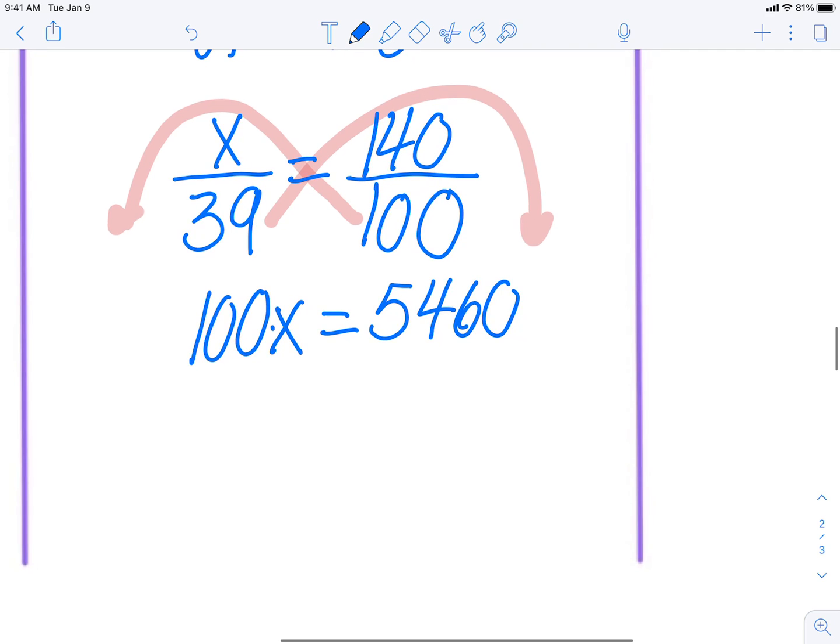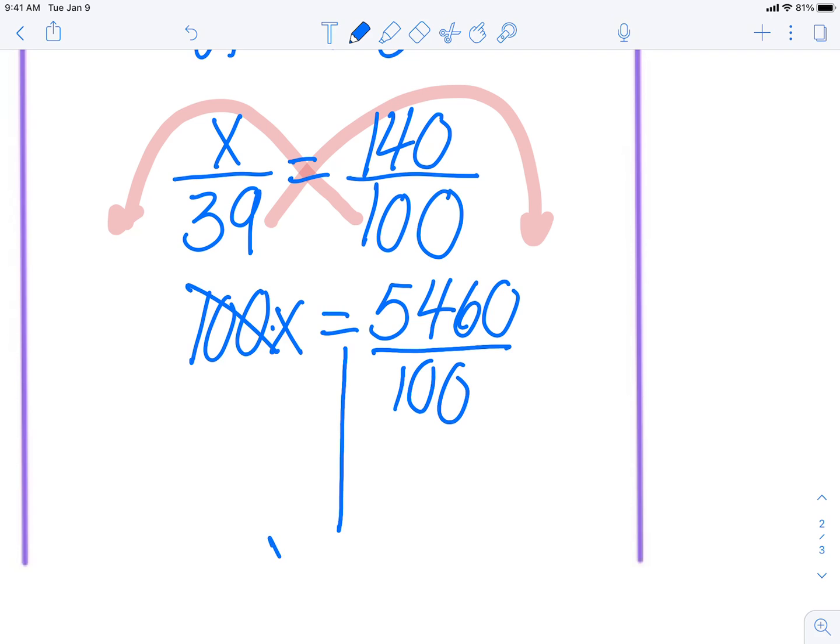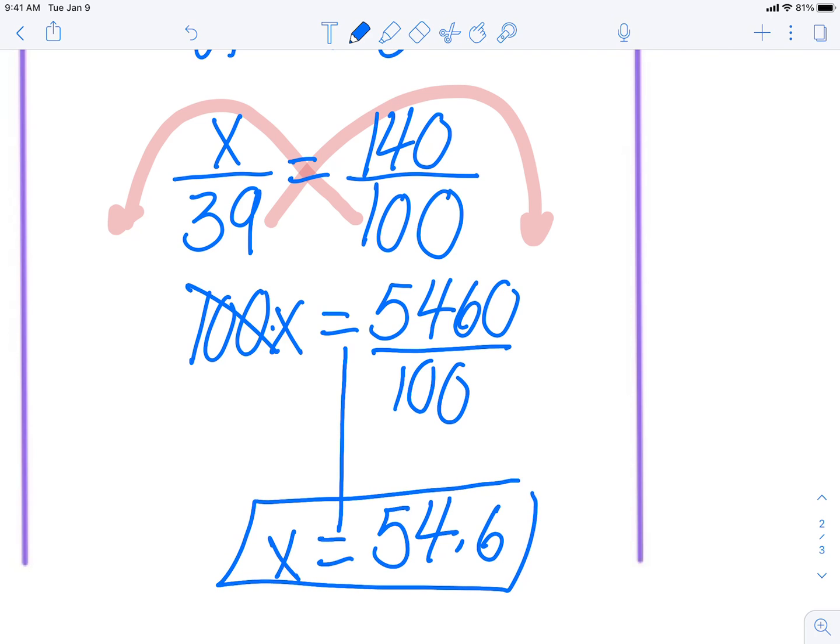And now to solve, I draw my line of separation. The opposite of multiplying by 100 is dividing by 100. So I get x is equal to 5,460 divided by 100, which is 54.6. And that is my solution.